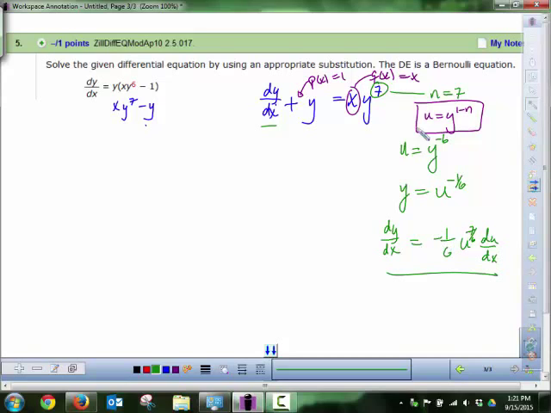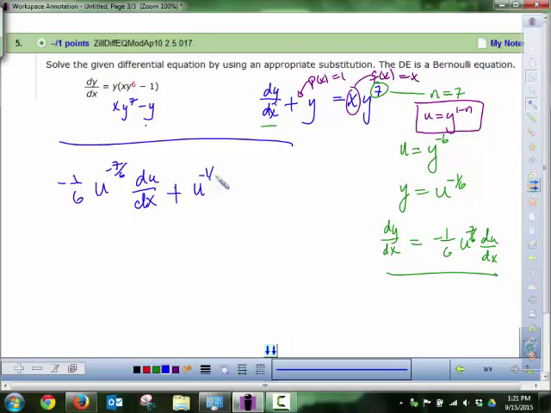So let's see it become that first order linear differential equation in u. So dy dx is negative 1/6 u to the negative 7/6 du dx plus a u or a y, which is u to the negative 1/6, is equal to x times u to the negative 7/6.